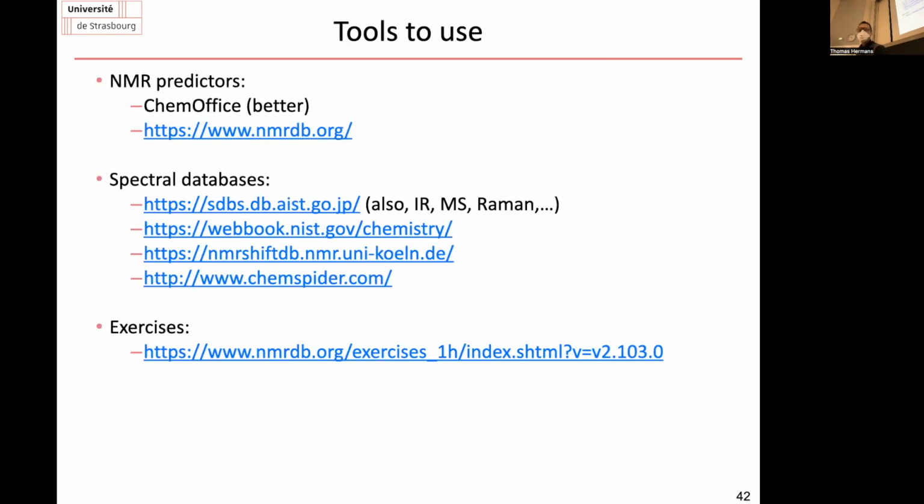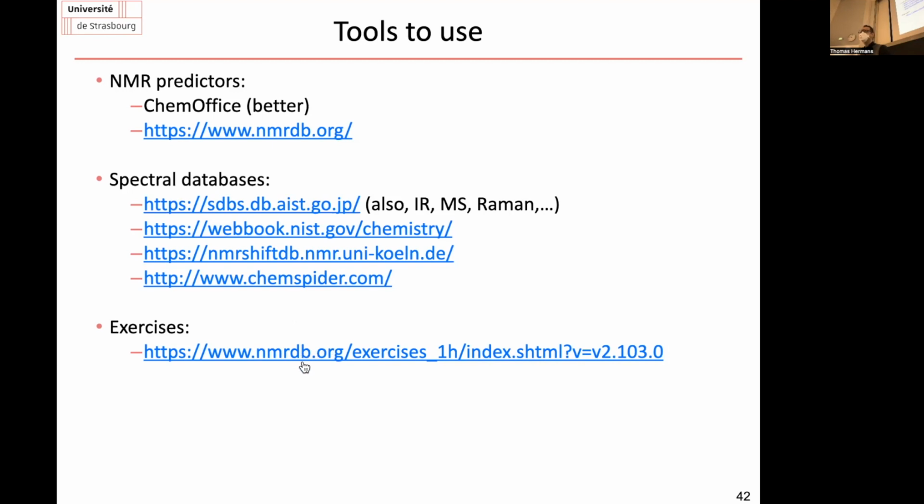Okay, sorry. Last thing to finish. ChemOffice, ChemDraw is very good at NMR prediction. This is a free website that is reasonable. Sometimes it doesn't get allylic splitting correct, but okay. And then there are these databases where you can look by the chemical formula. They will give you infrared, mass, Raman, NMR. And this is quite nice.